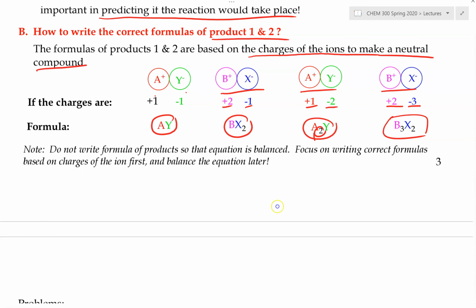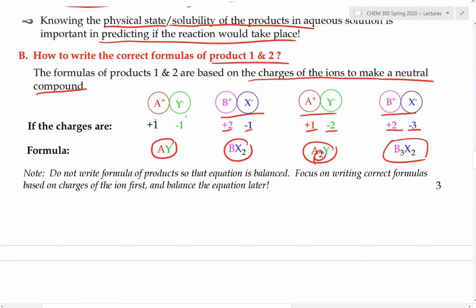Okay, and here's something very important. This is a common mistake that students make all the time. As we are predicting the formula of the product, do not write the formula of the product so that the chemical equation is balanced. Students look at the chemical equation and try to create a product to make sure the equation is balanced. Please do not do that.